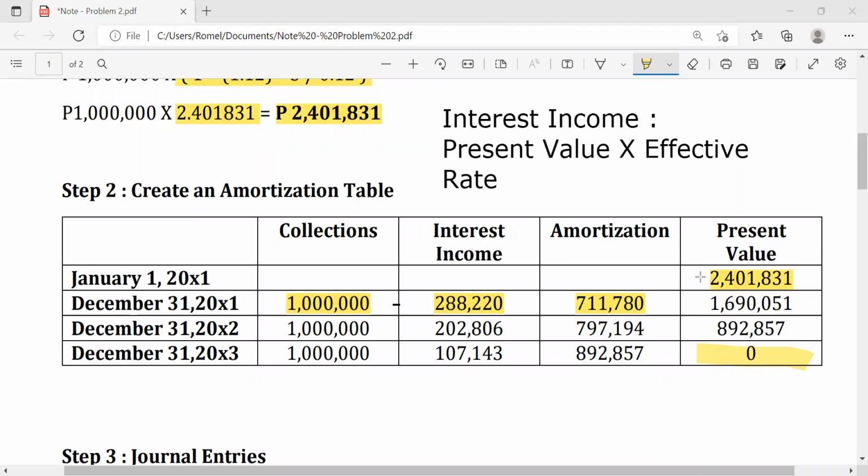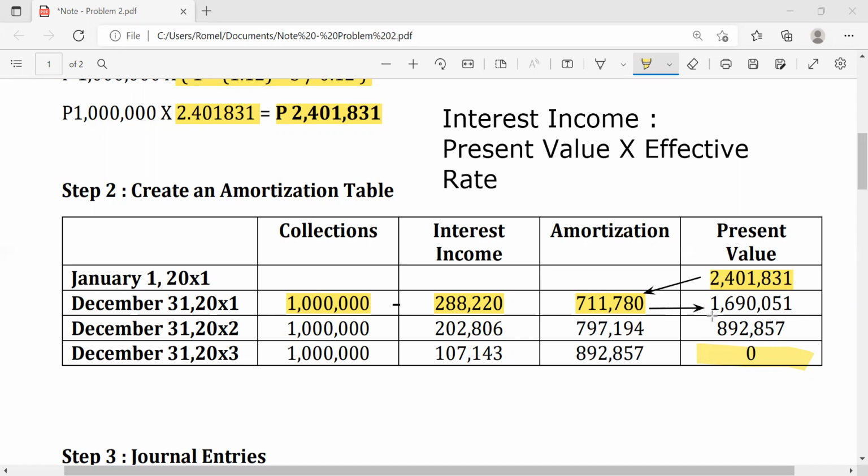So try to compute this. 2,401,831 minus 711,780. Our present value for December 31, 20X1 is 1,690,051. So, take note ng amortization, it decreases the present value. So, binabawasan niya ang present value.